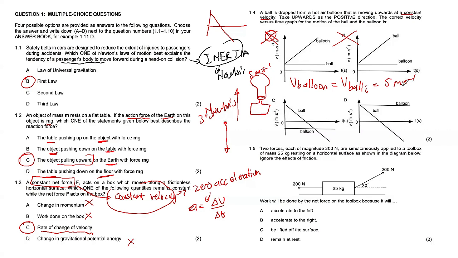So that means between these two graphs, we are looking for the graph whereby the initial velocities of the two objects, which is the ball and the balloon, will be the same. But when we are looking for the initial velocities, we know that we are looking for the y-intercept, because in a velocity versus time graph, the y-intercept always represents the initial velocity. So we want to spot a graph whereby there will be an intersection on the y-intercept.